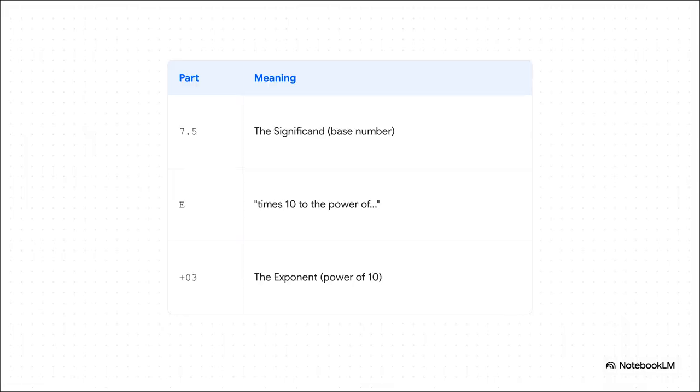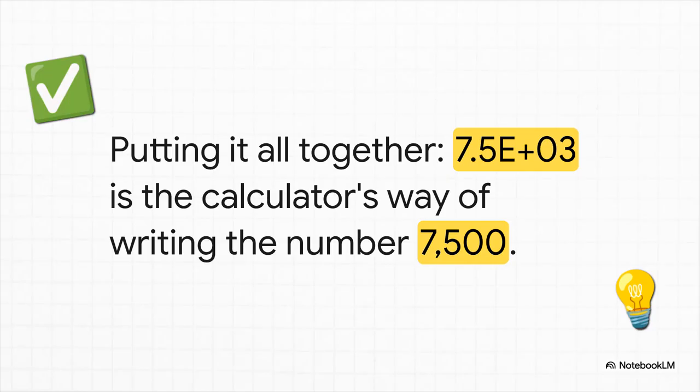So let's break this down. The 7.5, that's our main number, the base. The capital E, well, that's just the screen's version of the EE key. It means, you guessed it, times 10 to the power of. And that plus 03 at the end is simply the exponent. So when you put all those pieces together, 7.5 times 10 to the power of 3 is just 7,500. And there you go. You've just done the calculation, and you've translated the result.